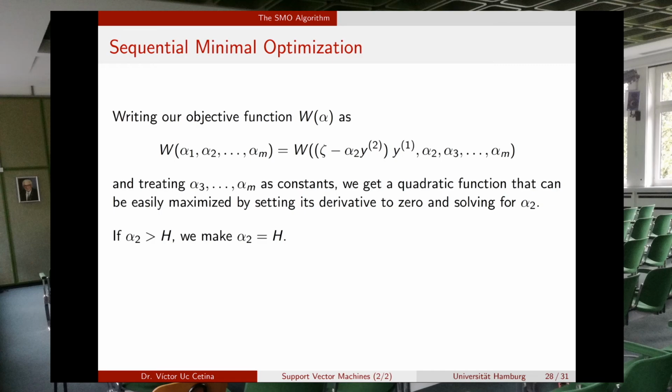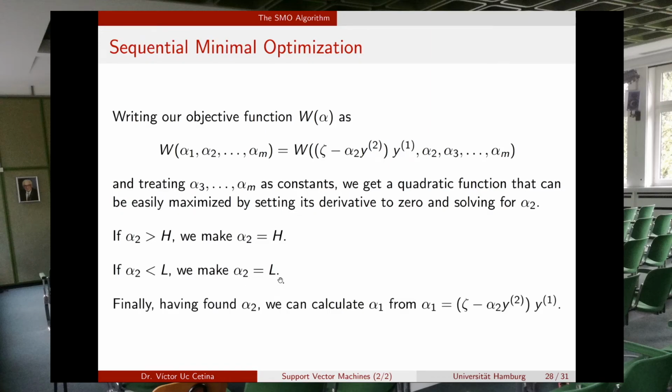So if alpha 2 is larger than h, you force the value of alpha 2 to be h, at most h, and if it is lower than L, you need to force alpha 2 to take the value L. Finally, having found alpha 2, we can calculate alpha 1 from the expression that we got before. Once you have alpha 2, you can compute your alpha 1.